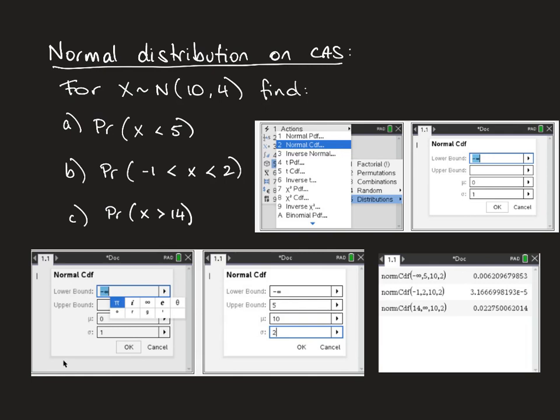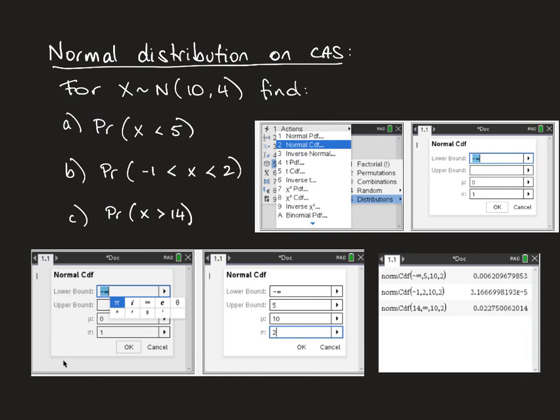So on your CAS calculator, under probability distributions, you'll find normal PDF and normal CDF. Now, the one that we're going to use is normal CDF. The normal PDF is just a shortcut way of storing the actual formula for the function itself, so you won't ever use the normal PDF.